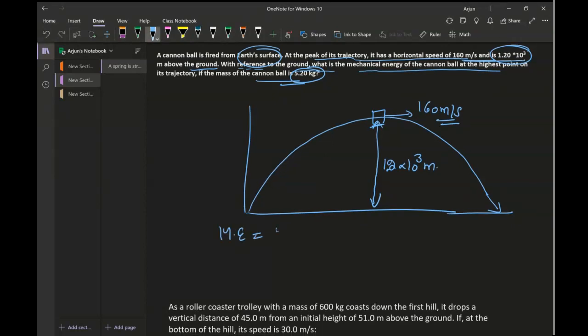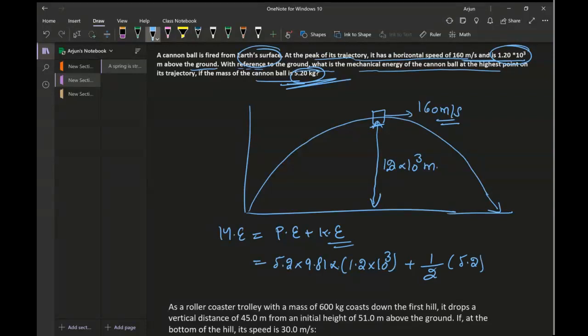Mechanical energy is equal to potential plus kinetic. Potential energy is the mass of the cannonball, 5.2, times 9.81 times height, which is 1.2 times 10 raised to the power 3, plus kinetic energy, half mv squared, which is half times 5.2 multiplied by velocity 160 squared.